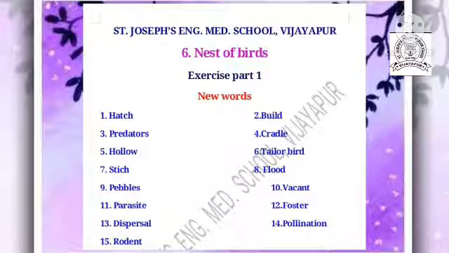Now the next one is tailor bird. Tailor bird, what does it stitch? It can stitch two adjoining leaves by using its beak as a needle, and it can use cotton fiber or spider web as a thread.